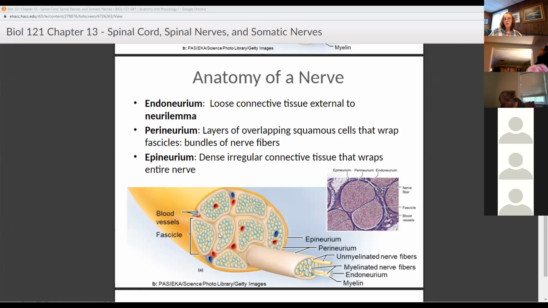The epineurium is going to surround bundles of fasciculi, which remember is a bundle of axons. That's the general arrangement: epineurium on the outside, perineurium, and endoneurium.